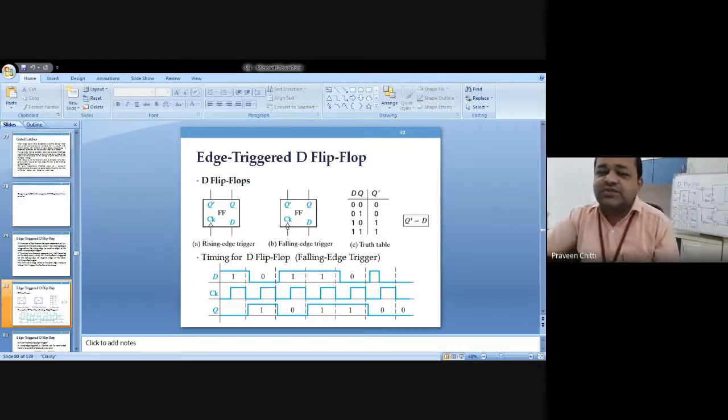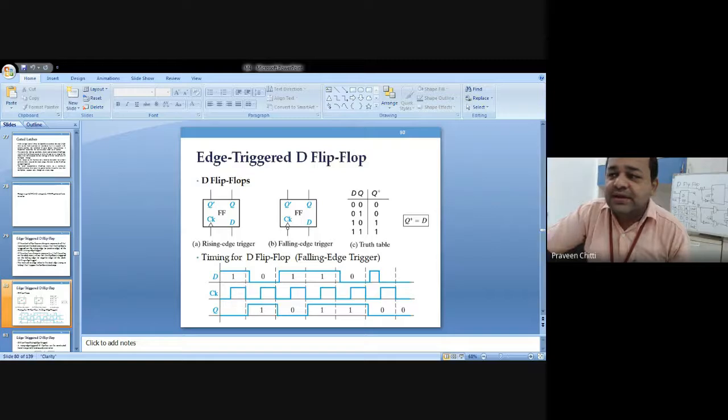Similarly, when S equals 0 and R equals 1, it resets the flip-flop, which indicates Q equal to 0 and Q bar equal to 1. When S equals 1 and R equals 0, it sets the flip-flop, and we get Q output as 1 and Q bar will be 0. And when both inputs are 1, 1, that is S equals 1 and R equals 1, the output of the flip-flop will be indeterminate. That state is called the forbidden state or indeterminate state of the SR flip-flop.